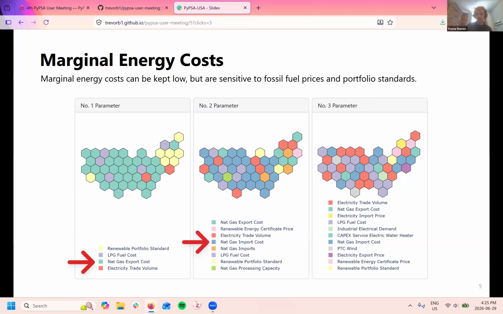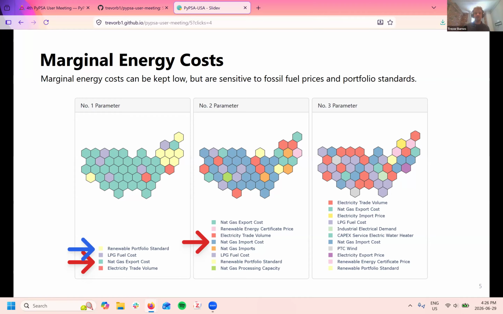Moreover, the import cost, so how much states are buying natural gas at, is also very impactful. And this paired with some other results, we can arrive at the conclusion that ensuring that you manage your natural gas price uncertainty in a nation like the USA, which is so heavily invested in natural gas, becomes super critical to ensure marginal costs do not get out of hand.